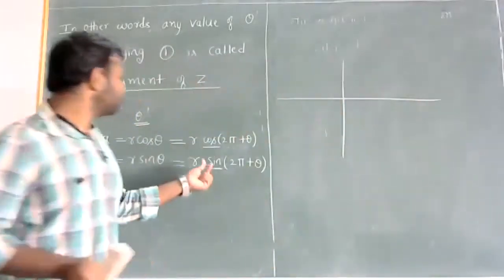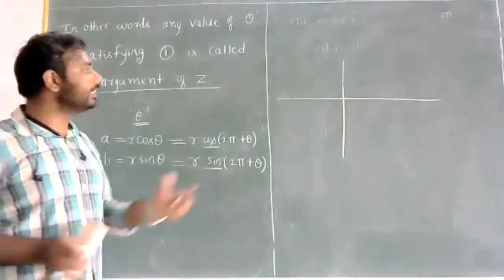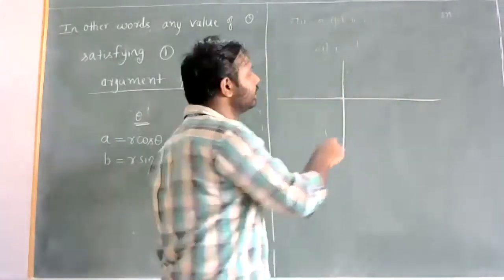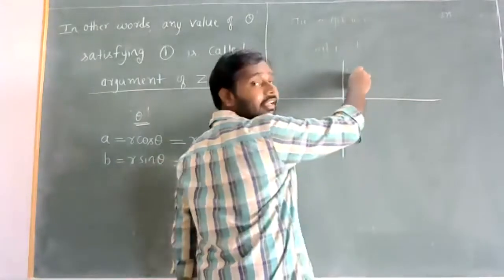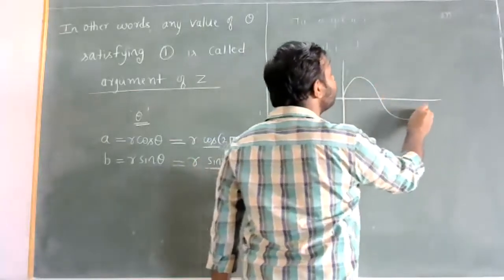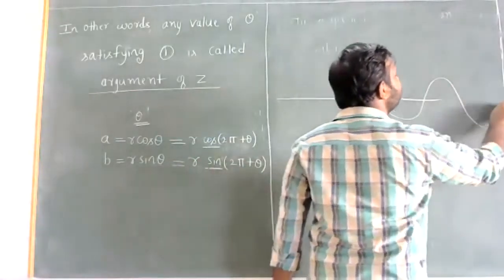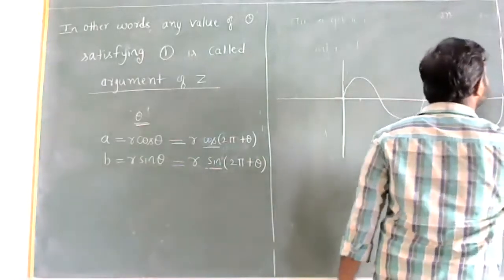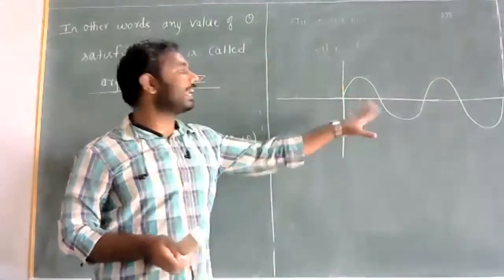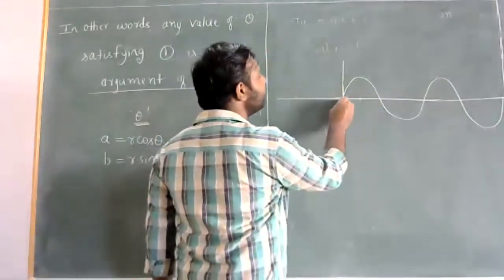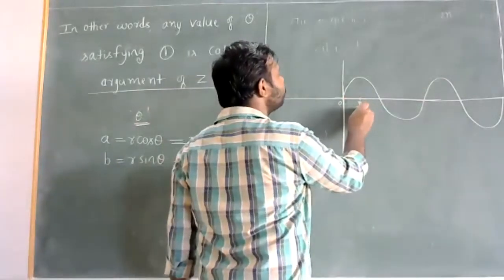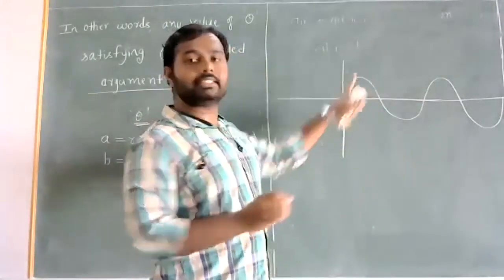The graph of sine is, so sine 0 is 0 only, sine pi by 2 is 1, which is the maximum value. So the graph of sine will look like this. It continues. At 0, sine 0 is 0. At pi by 2, sine is 1.